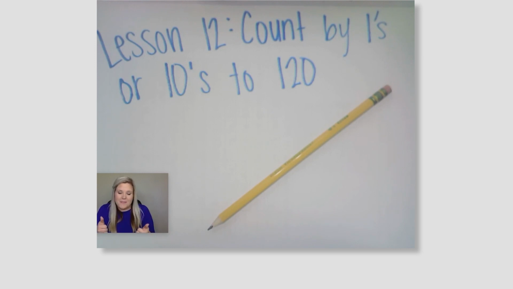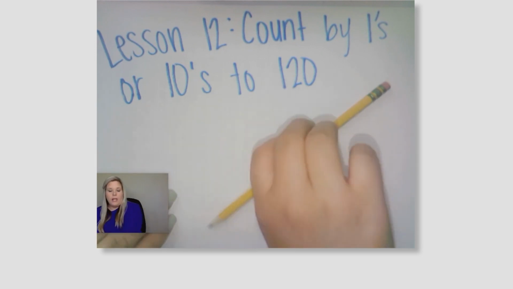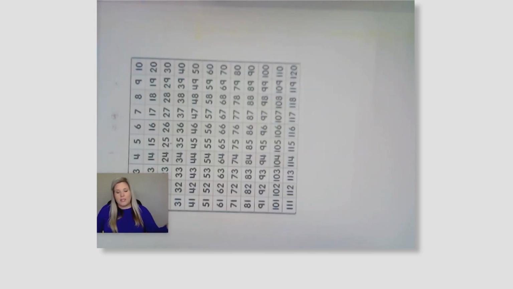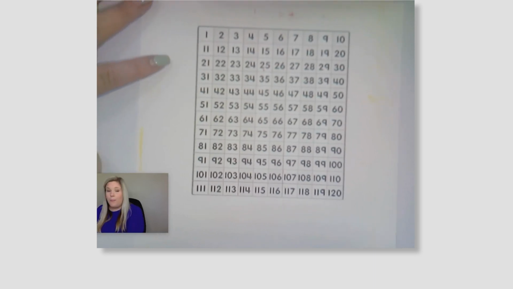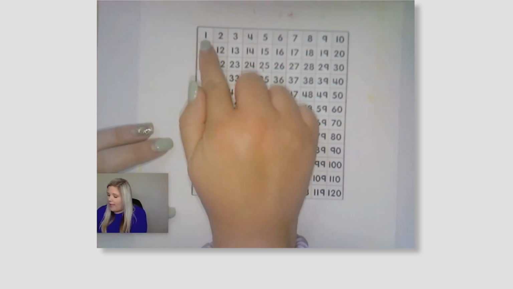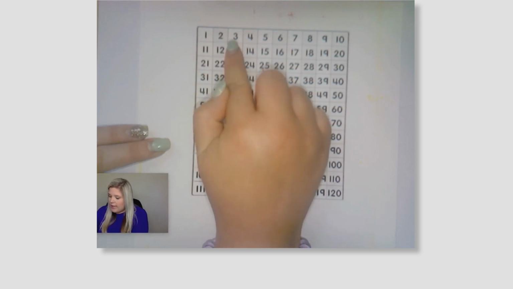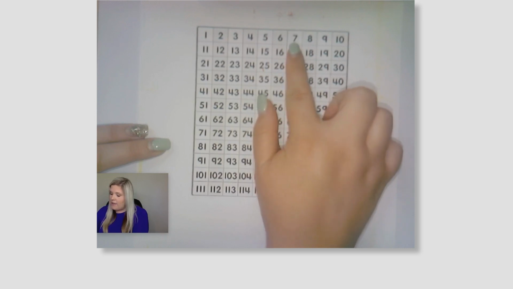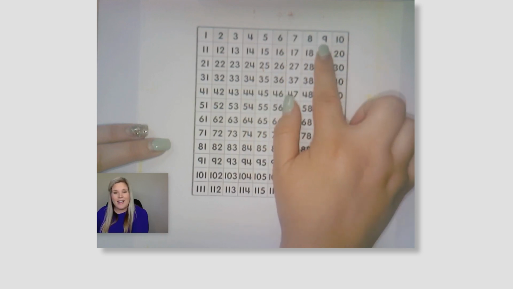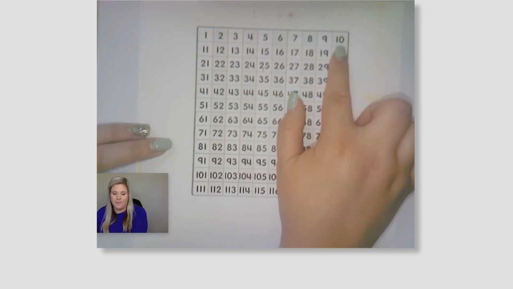Excellent. We're also going to use a tool today called a 120 chart. A 120 chart can be used to count. I can use my 120 chart to count by 1, like this. 1, 2, 3, 4, 5, 6, 7, 8, 9, 10.